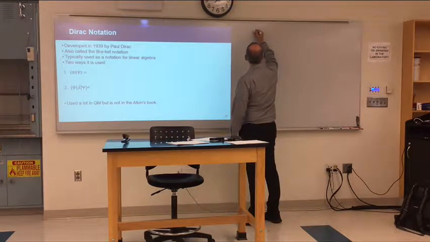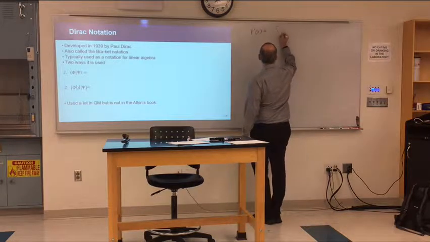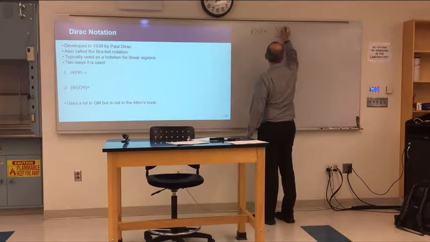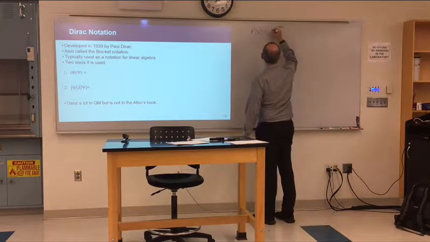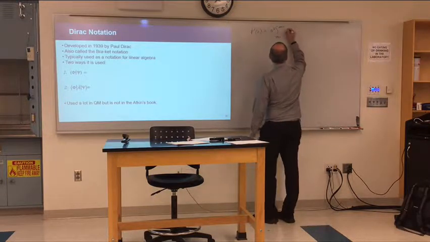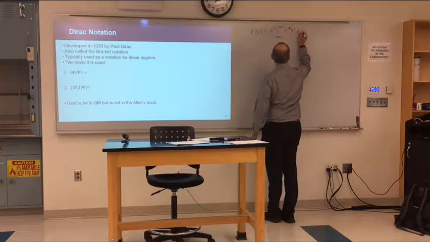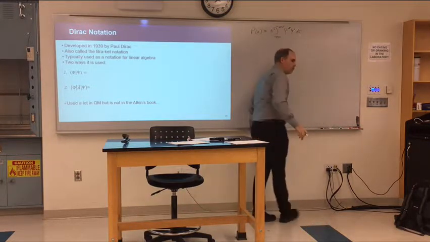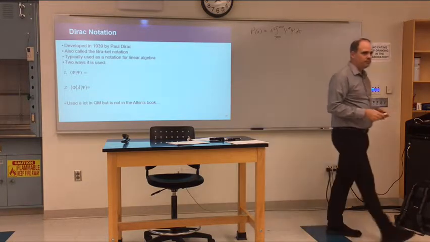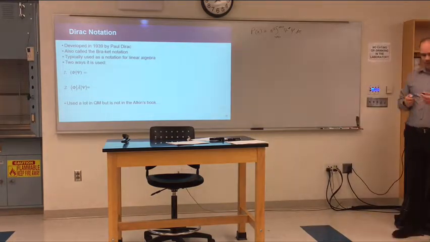Our probability of x was equal to the integral from negative infinity to infinity. I guess we technically should have the normalization in there. Psi star times psi d tau, right? That's what we were calling our probability distribution function, by Born.